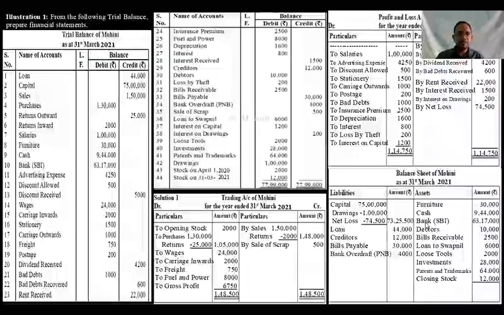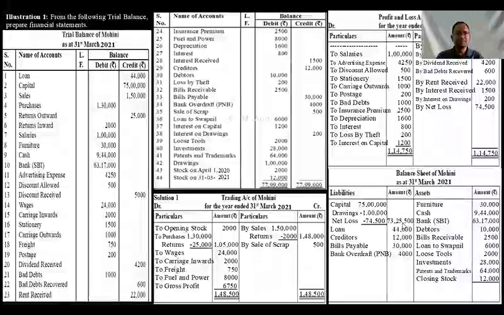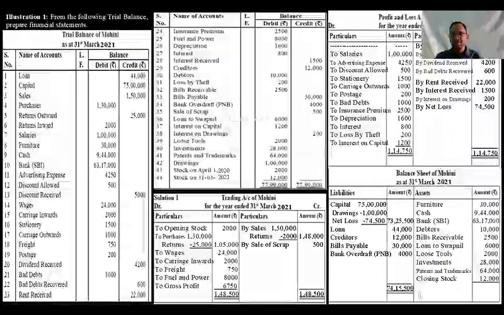And now find out the total of amount columns in balance sheet, liability side and asset side. The total on liabilities side is 74 lakh 15,500.